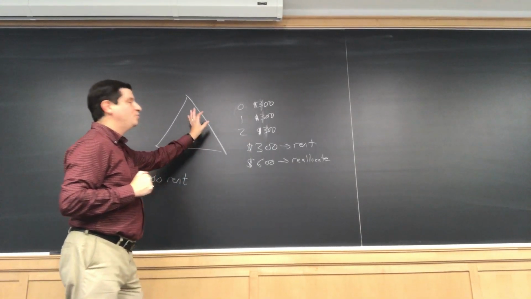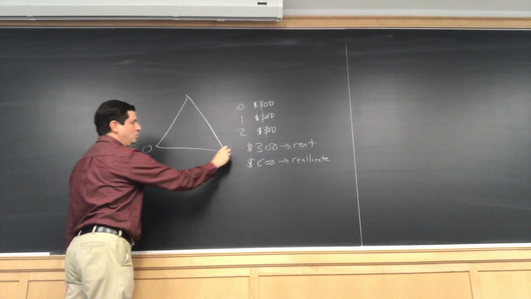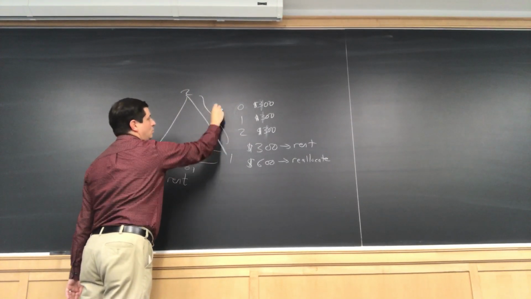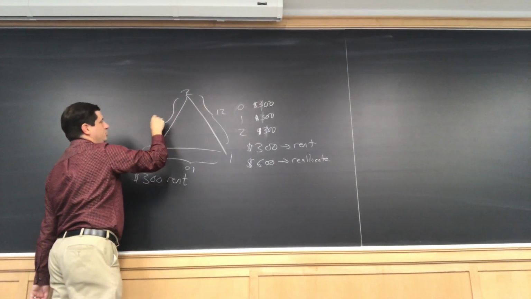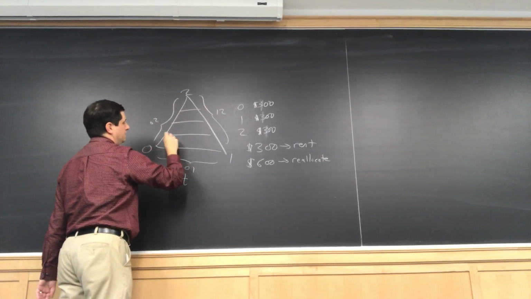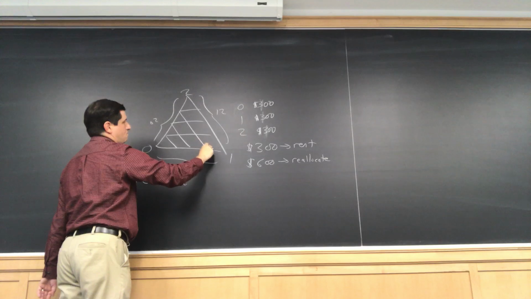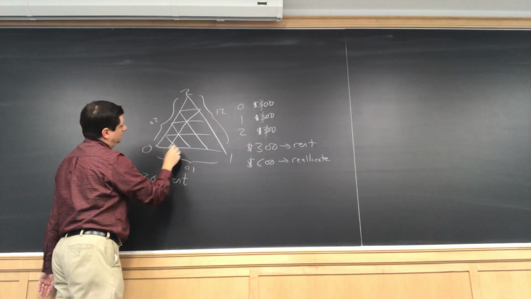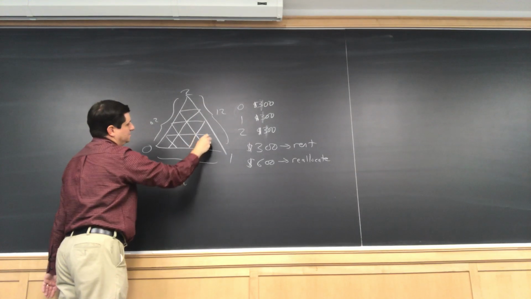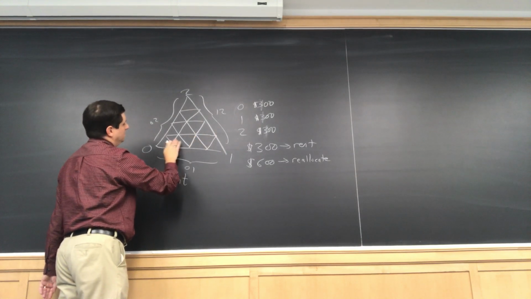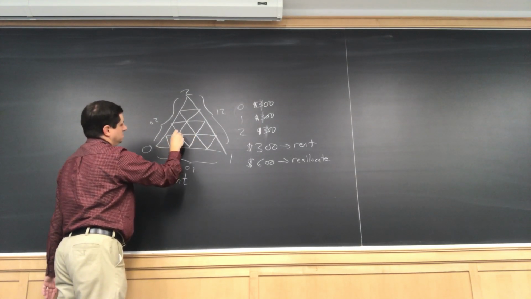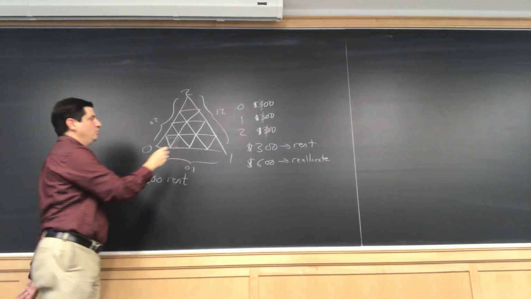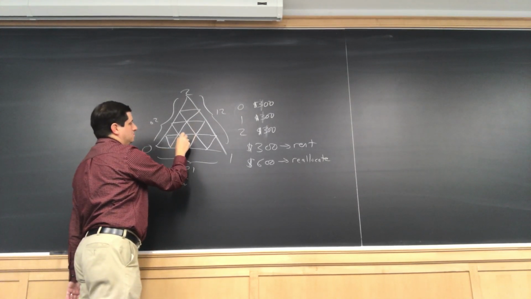Sperner's lemma tells us that if we have some kind of labeling, 0, 1, 2, with 0, 1 down here, 1, 2 down here, 0, 2 down here, then there will be a 0, 1, 2 triangle.